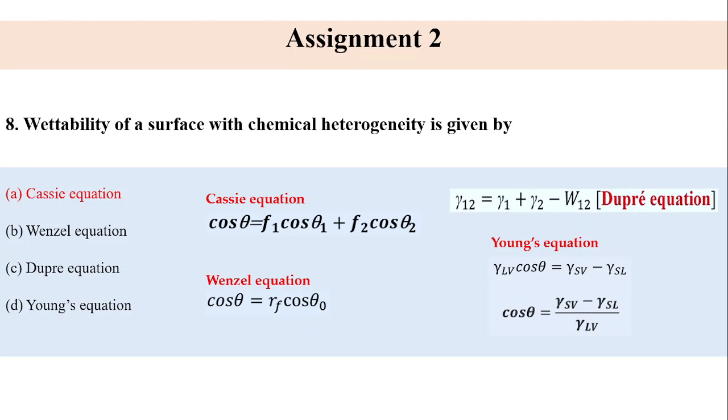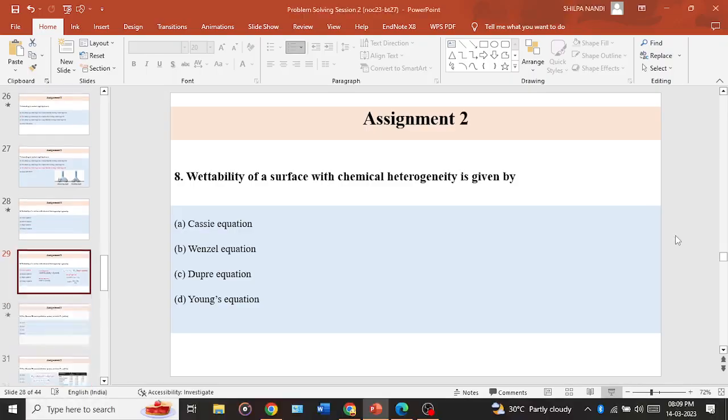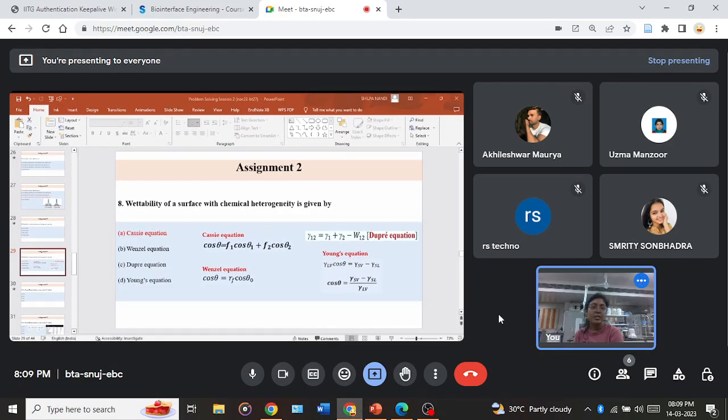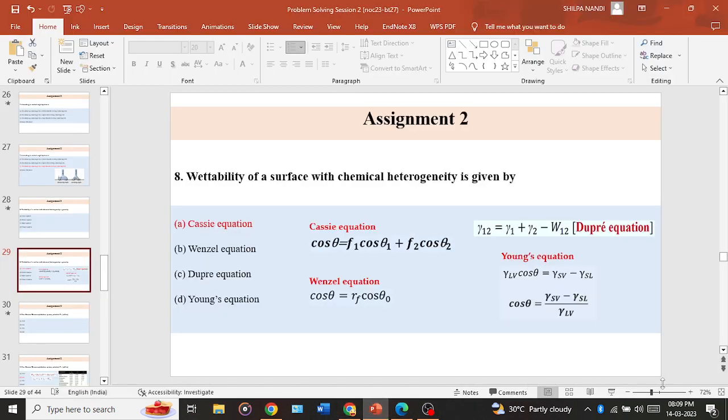Hence, the Cassie equation gives the wettability of a surface with chemical heterogeneity. Fine. I hope everything is clear till now so that we can move forward. Okay, let's move on to the numericals now.